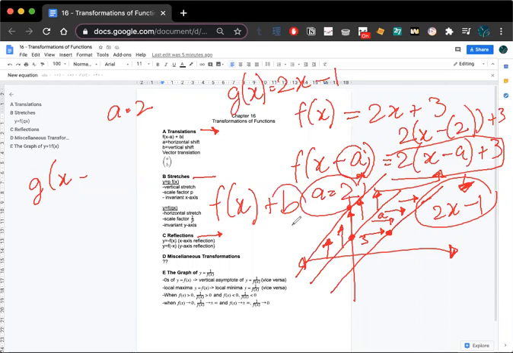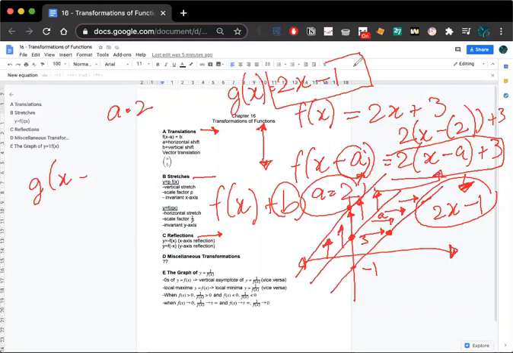The same goes for plus b. Essentially, b is for the vertical shifts. It also applies in general equations like these. If you see 2x minus 1, that means the y-intercept is -1.